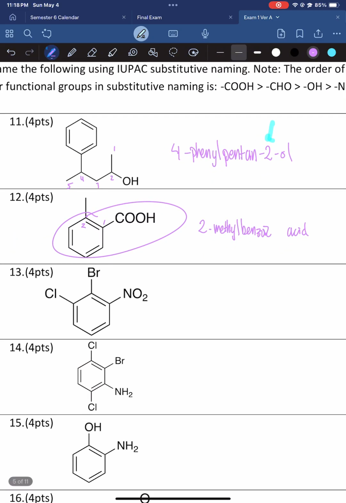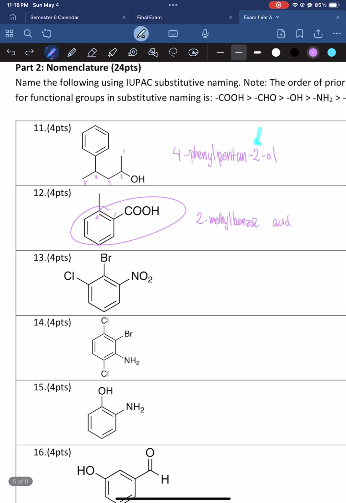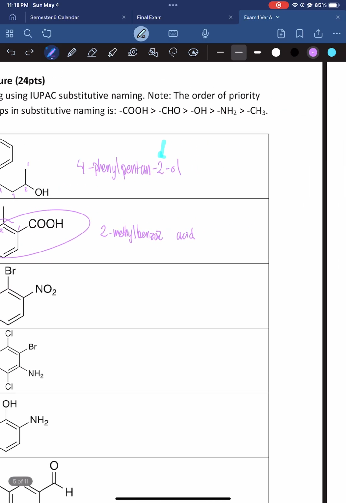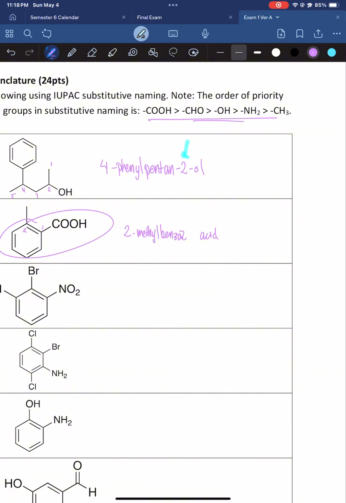A lot of people tend to get tripped up. They might think that this is a parent chain, but that is just not the case. It's very tricky. NH2, which we're going to see a little bit later on, is going to be the one that takes priority. So even up here it says the order of substitution naming, and NO2 is not anywhere to be found.